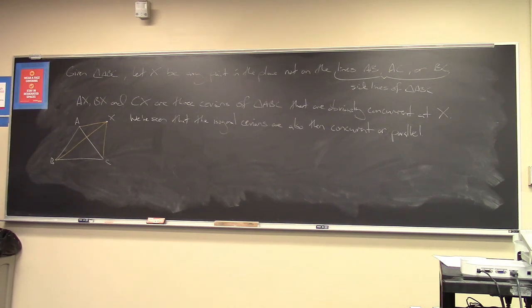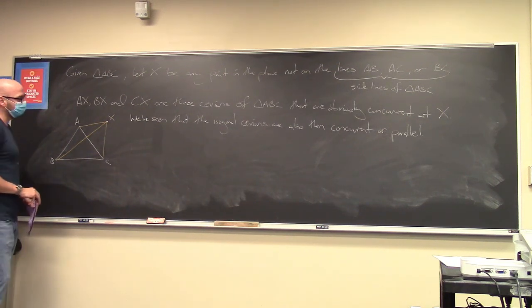So in the case where the isogonals are concurrent, they're going to be concurrent at some point. A notation people usually use is X star. I don't think our textbook does this.